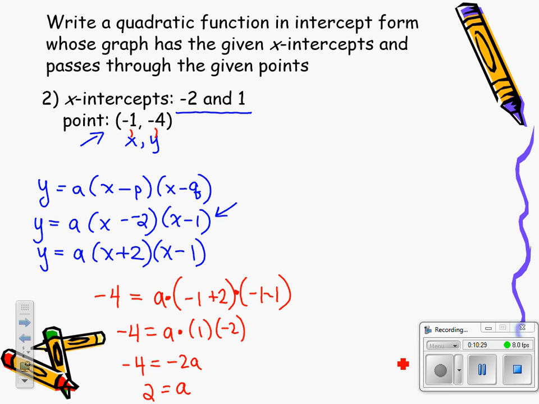So go back up where our x-intercepts were, get rid of that a, and put the a value that you just found in there. So, taking a break from graphing, basically just using some substitution and order of operations, determining our a, plugging it back in, and finding the equation of our quadratic function.